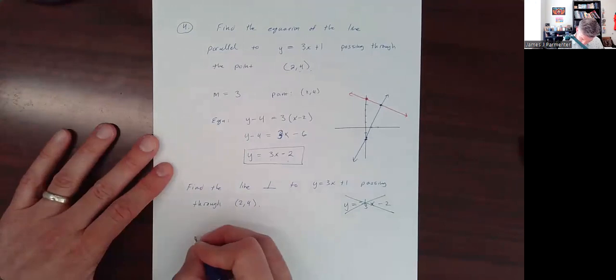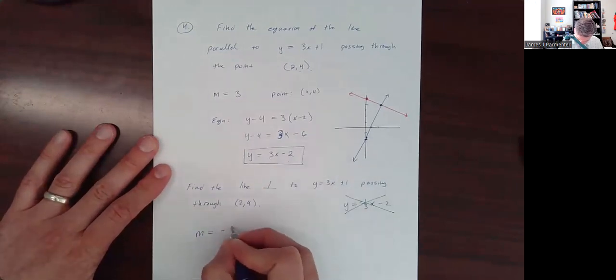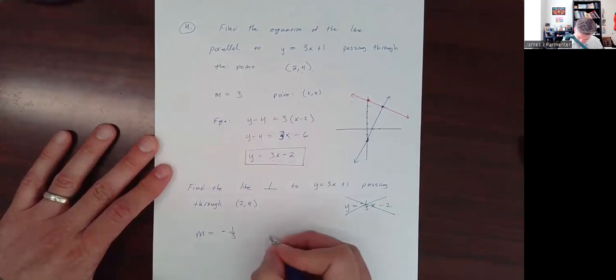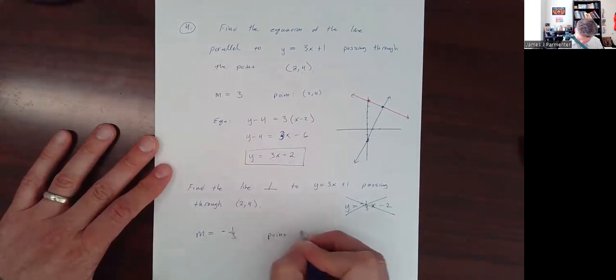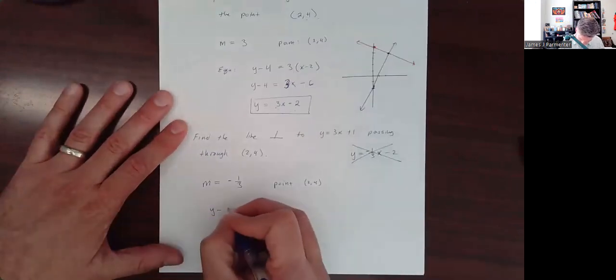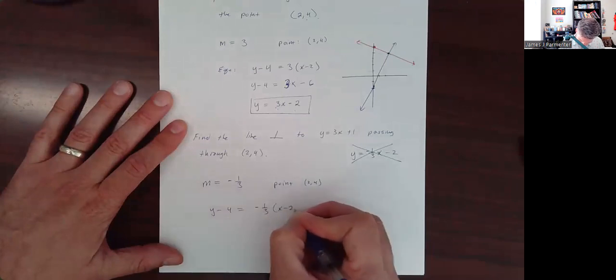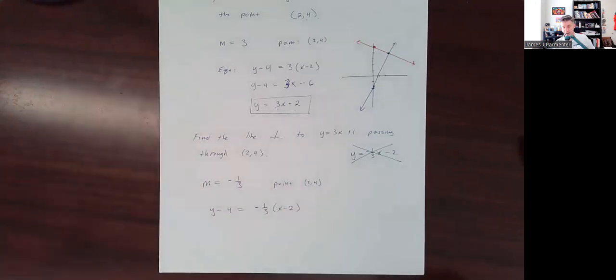Instead, we're going to do the same process. Now our slope is going to be, instead of +3, negative 1/3. Our point is still (2, 4). I can apply the same methodology. I'm going to say y minus the y coordinate equals negative 1/3 times x minus the x coordinate. Here things are going to be a little bit messier.